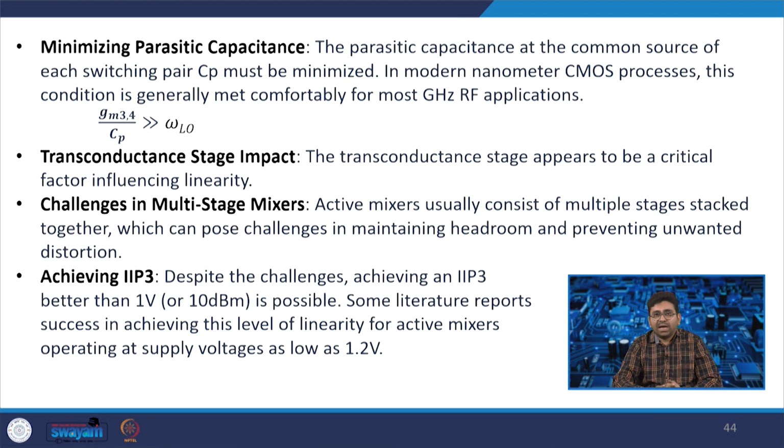So, achieving an IIP3 of, let us say, 10 dBm is possible, and some literature reports success in achieving this level of linearity with an active mixer operating at a supply voltage of 1.2 volt. So, the aim is to have voltage headroom which is high enough.